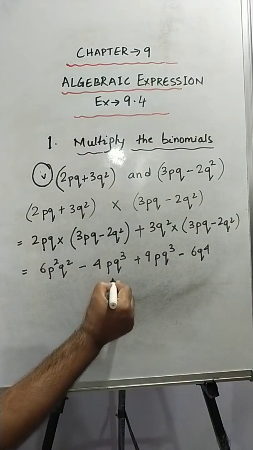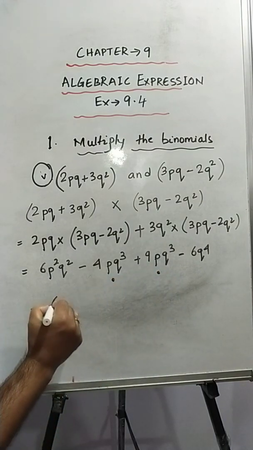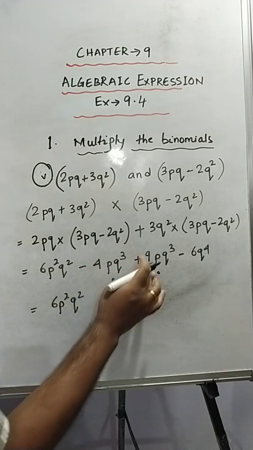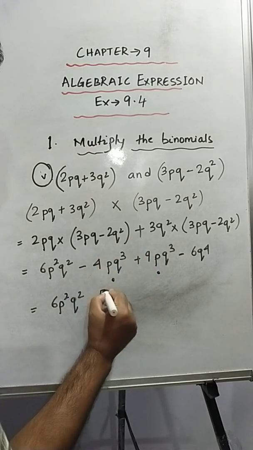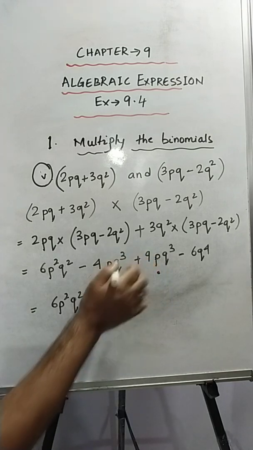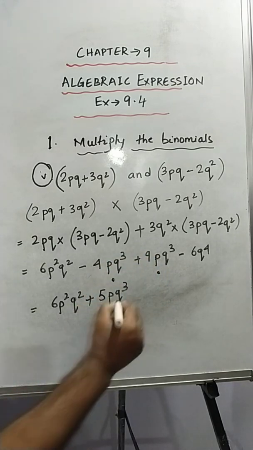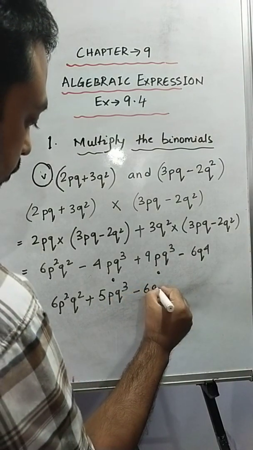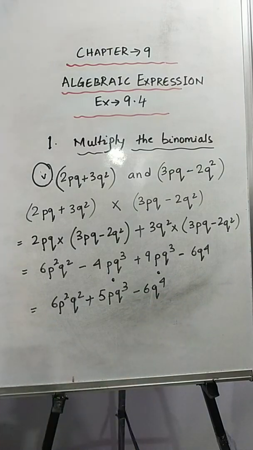Now these are the two like terms. We will solve these too. So 6p square q square, plus minus is minus, 9 minus 4 is 5 p q cube. 9 is greater, it is having a positive sign, so we'll put a positive sign here, minus 6 q to the power 4, not p to the power 4, q to the power 4.